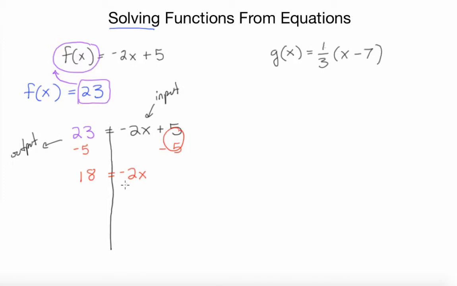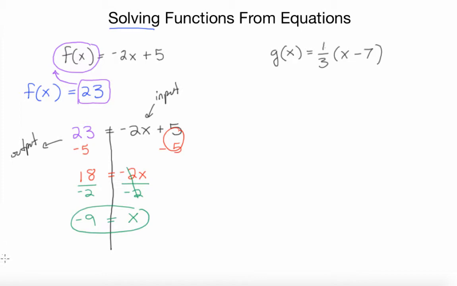Now I need to get x by itself, so I'm going to divide by negative 2, that's the opposite of multiplying. Those divide out to equal 1x, but I have to do the same thing to the other side as well. So 18 divided by negative 2 is going to give me x equal to negative 9. So there we go. We just found the input value.